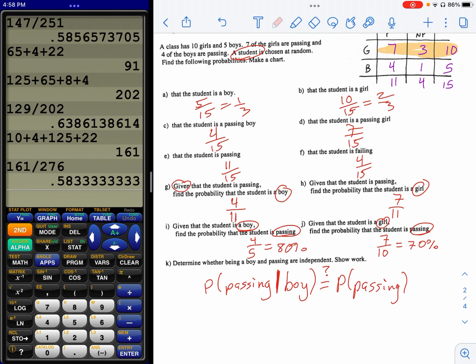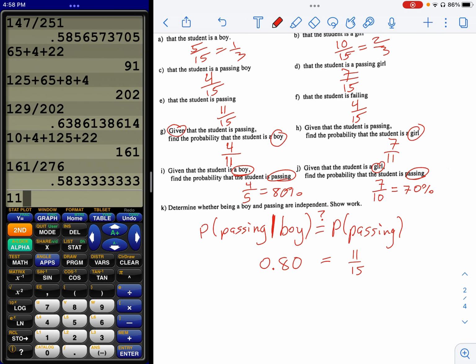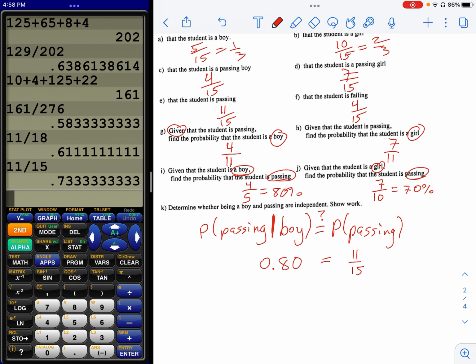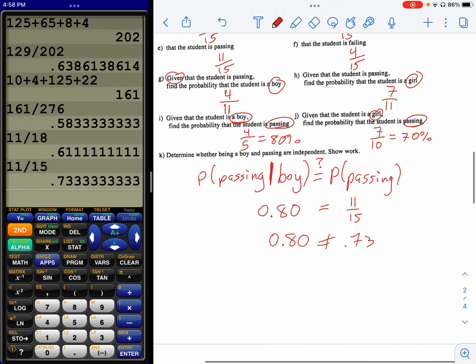We did that. That's 80%, so that's 0.80. And we already have the probability that any old student is passing right here, 11 out of 15. So don't go back, don't start over. I do need to check 11 divided by 15 to see if it's the same. And it's not the same. 0.80 does not equal 0.73. So not independent.